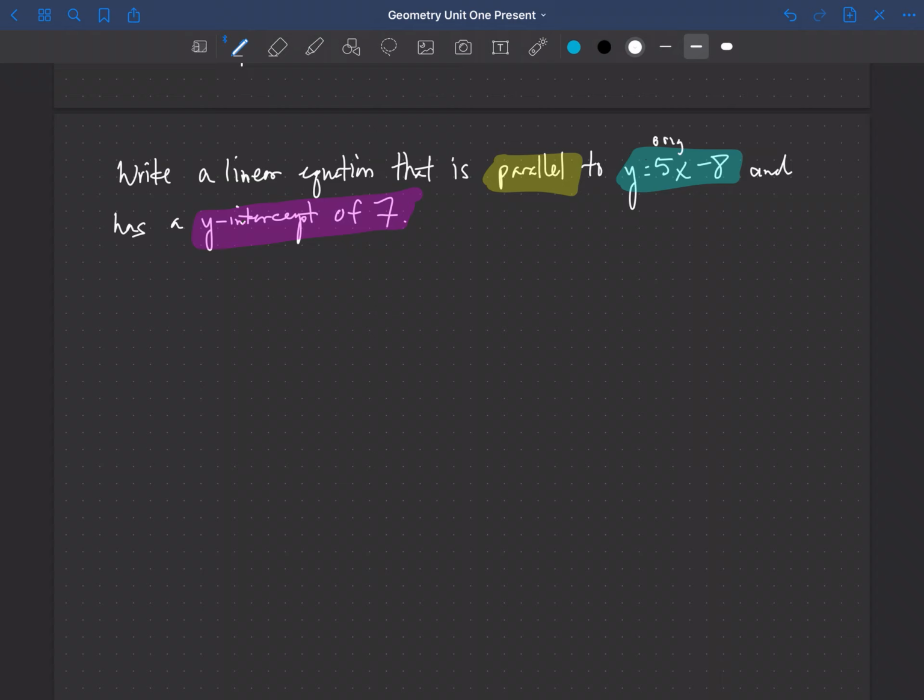This is our original line. Looking at the slope of the original line, we have m equals 5. Since I want it to be parallel, we're going to use the same slope. They also tell us that we want to use a y-intercept of 7, so b equals 7.